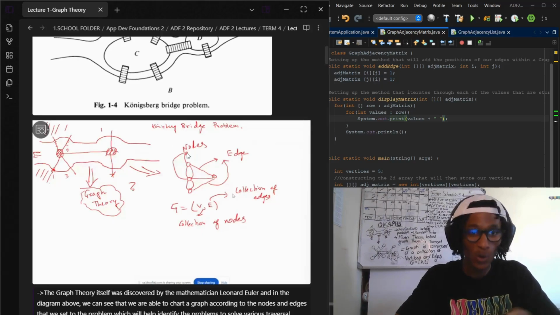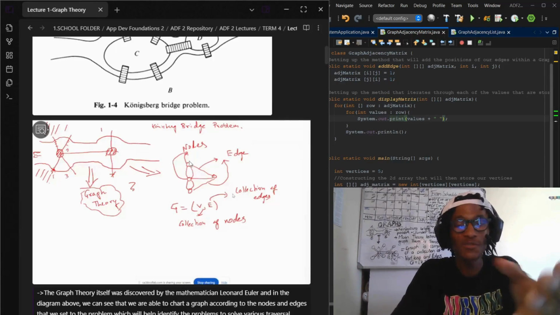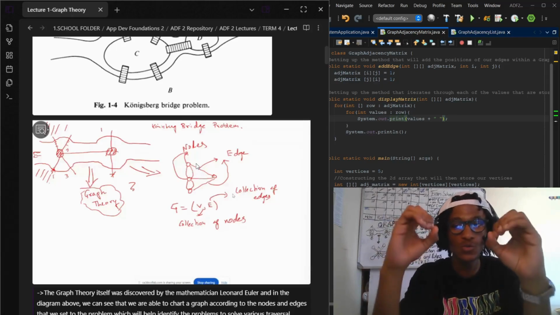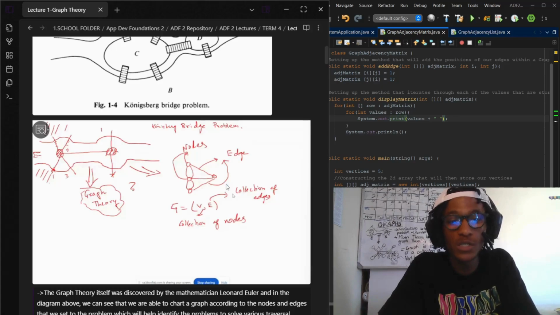As much as he calls them nodes here, we call them vertices in a graph, because with the vertex we have the paths that connect two vertices, which would then be the edge between the two vertices. So with this calculation that's here, we can take note of how we would say a graph is a collection of vertices and edges.